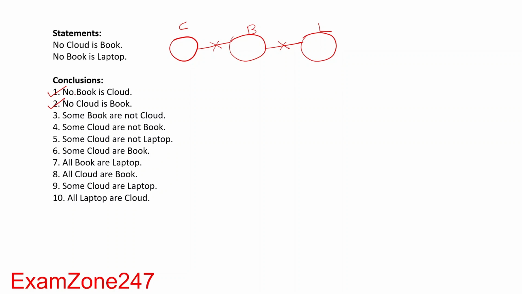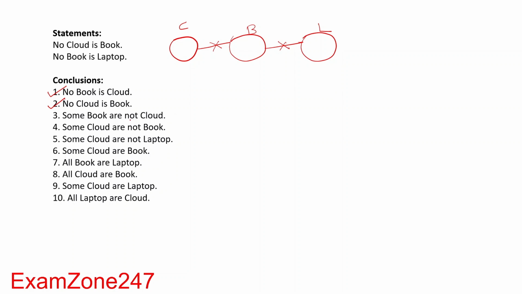When you understand the statement, no book is cloud, they are telling us that there is no possibility. They are telling some books are not cloud. That means this statement is also telling that there are some books which are not there. Now we know that no book is cloud, but they are also giving us a possibility of negation only.